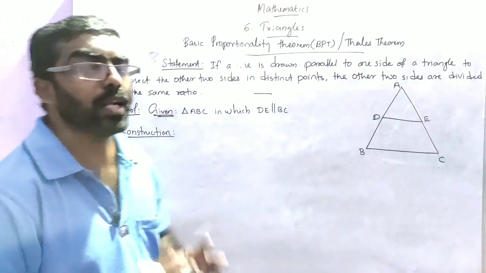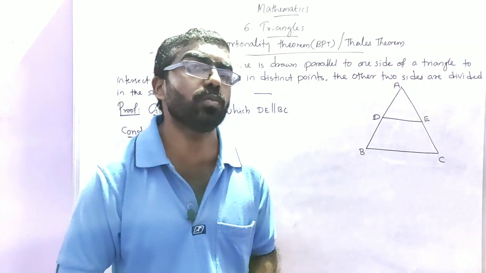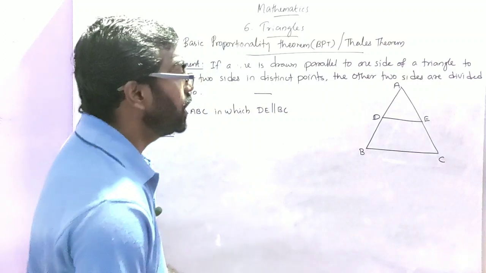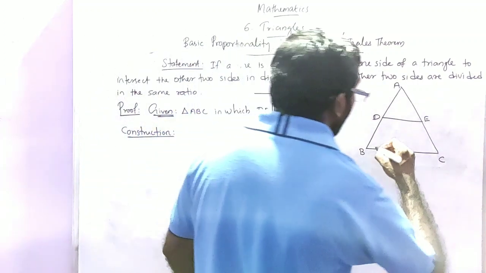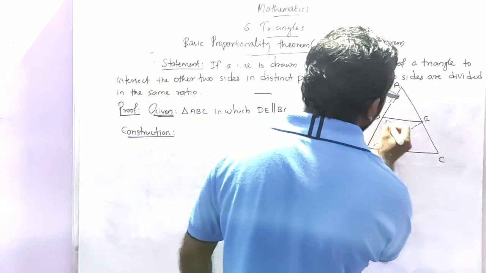The second one is Construction. Construction means the additional lines or helping lines which help us prove the theorem very easily. Here the helping lines are: we join BE and CD first.